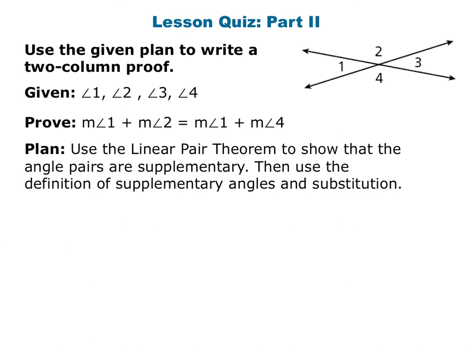All right, here's another one with a plan. Write the 2-column proof. Again, let's see what you can do. And this given information really doesn't appear in the proof. This picture has to come along with this one, so you probably won't even have a given in this sample.